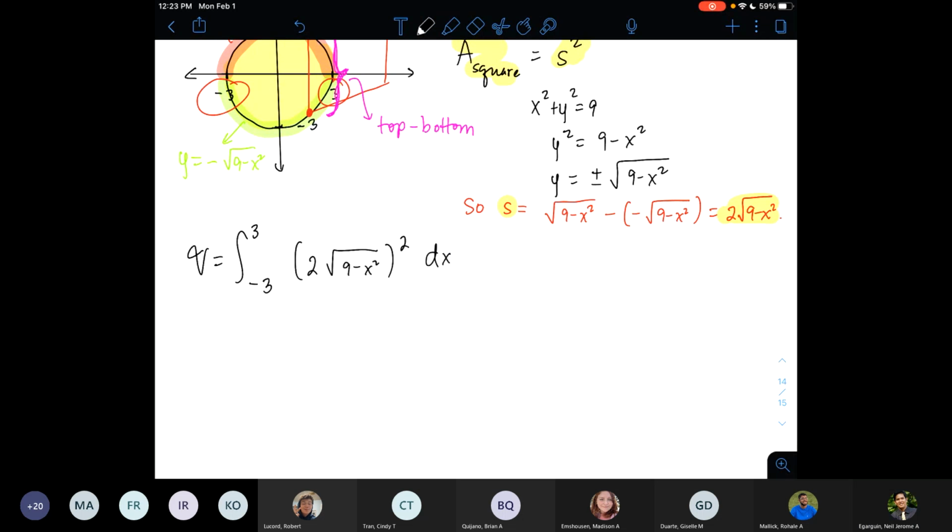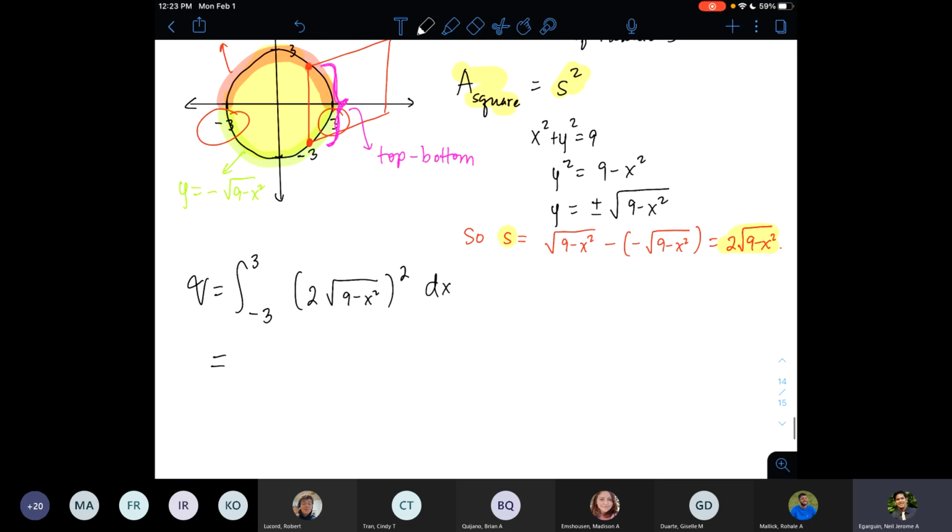Or if you use symmetry, which is perfectly fine because the circle is symmetric with respect to the y-axis, what you could have done is to integrate from 0 to 3 instead of from minus 3 to 3, same integrand, but multiply it by 2. Right? Because the volume will be the volume of the right semicircle part times 2.